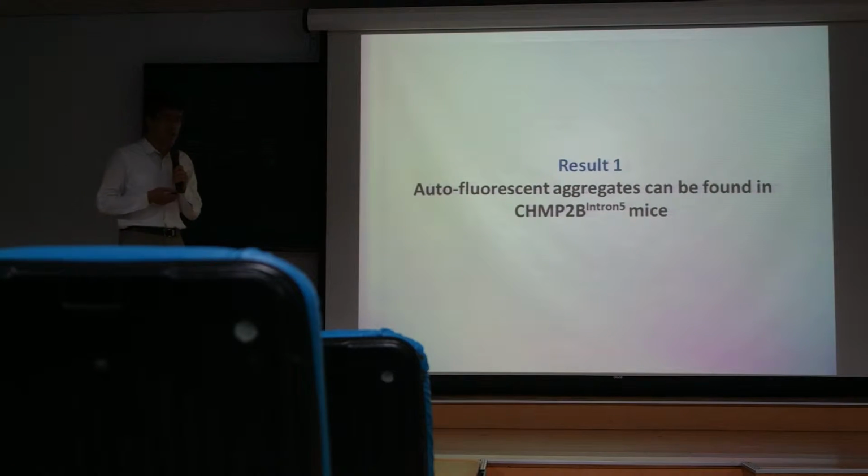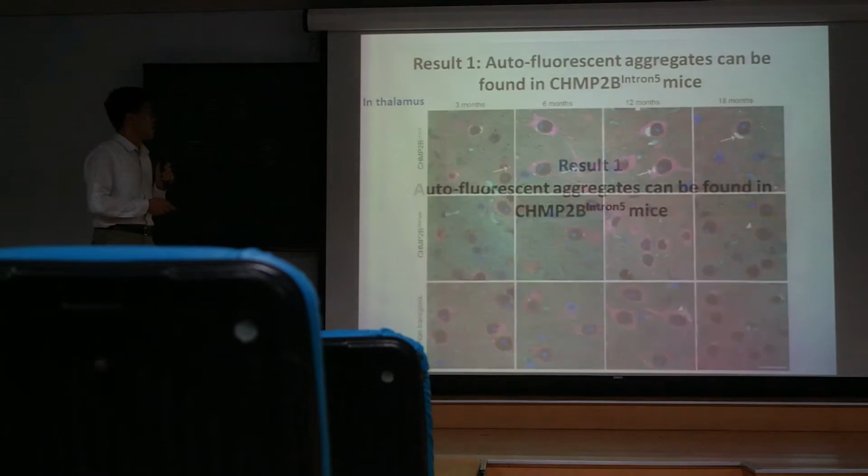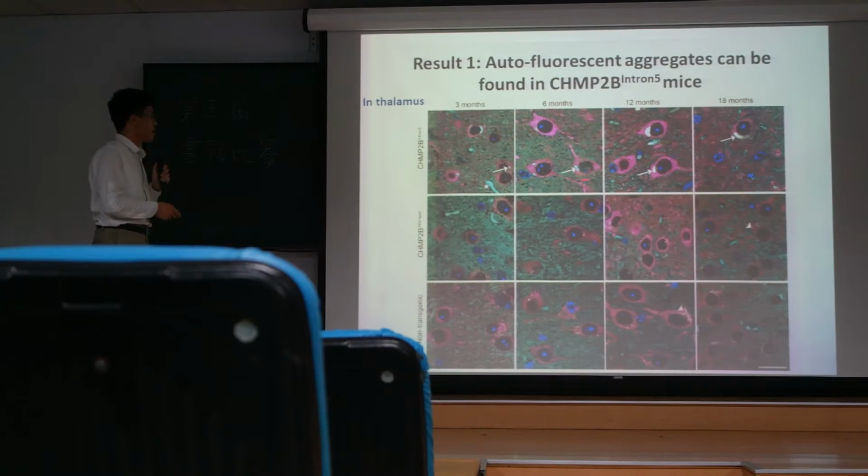So now I'm going to talk about the details of the story of this paper. The first result shows that the authors created artificially truncated CHMP2B mutant mice and observed lots of larger and darker aggregates in the truncated mutant mice, which are the autofluorescent aggregates.